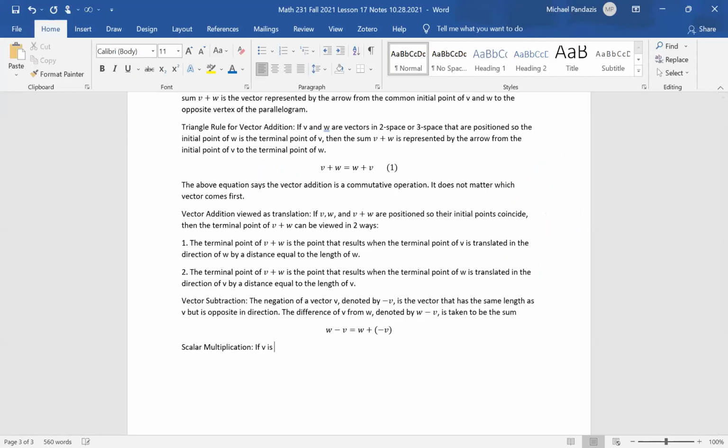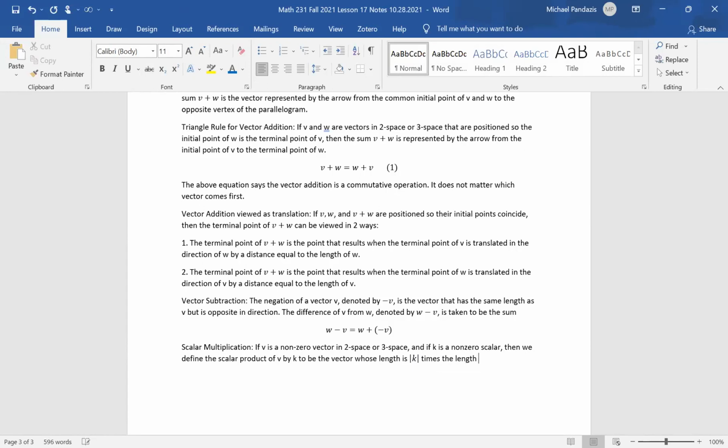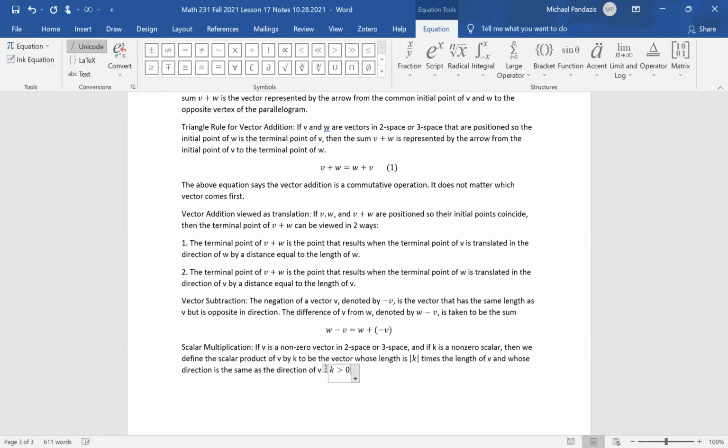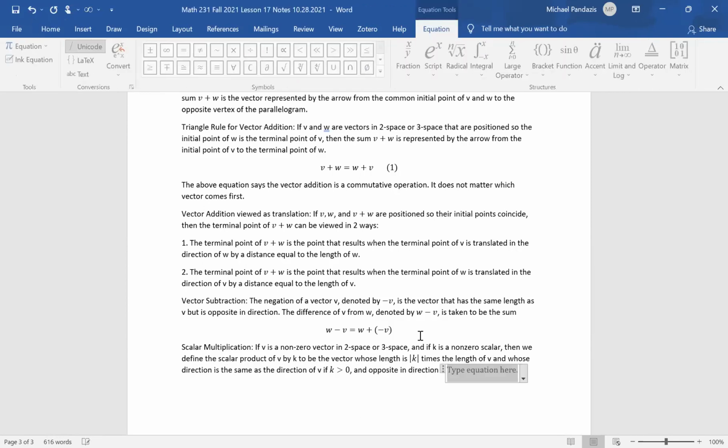So if v is a non-zero vector in 2-space or 3-space, and if k is a non-zero scalar, then we define the scalar product of v by k to be the vector whose length is the absolute value of k times the length of v, and whose direction is the same as the direction of v if k is positive and opposite in direction if k is negative.